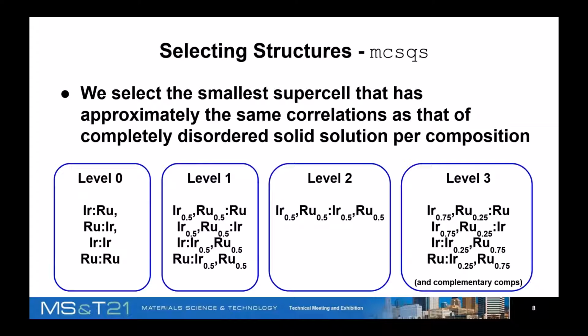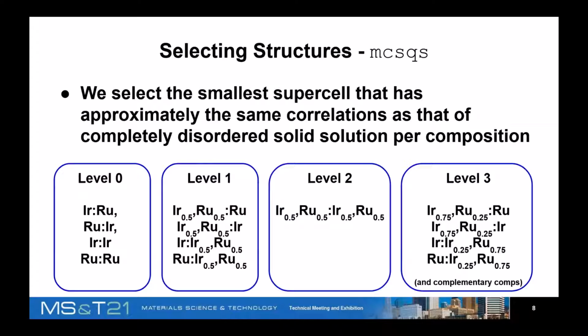By doing so, we minimize this artificial order due to the small size of the supercell by selecting the occupation in such a way as to have this minimum correlation, which mimics a truly disordered structure, which would otherwise need a much bigger supercell to correctly get the energies of. I shall not talk about the DFT steps of this pipeline because it really depends on the system, the choice of pseudopotential, and the desired level of accuracy.